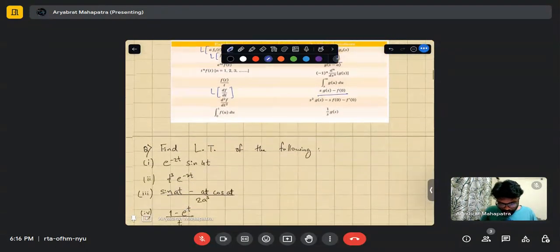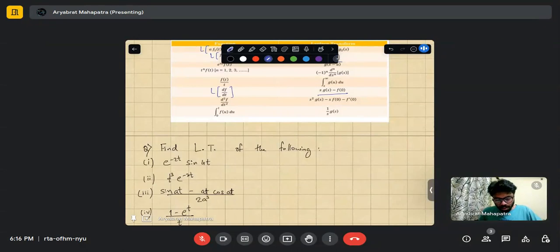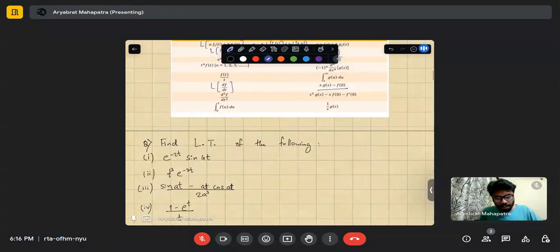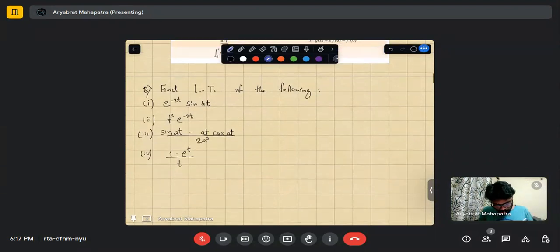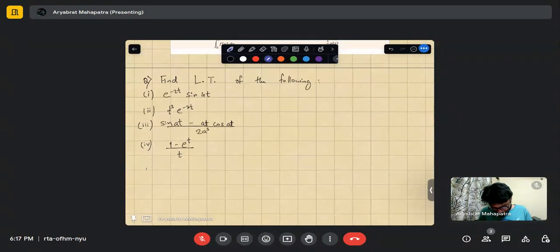Moving on, we can see how you can use these properties and definitions of Laplace transform by solving some problems. First, you need to calculate the Laplace transform for each of the functions given here. So let's see the first one: the given function f of t is exponential of minus 2t sine 4t.